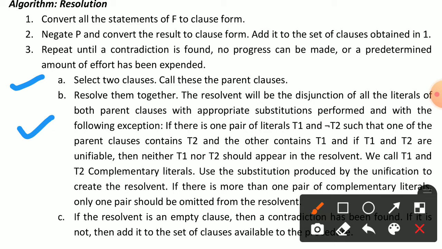The resolvent will be the disjunction of all the literals of both parent clauses, with appropriate substitutions performed, and with the following exception. We take the literals of both parents, L1 and L2, and make the substitutions.